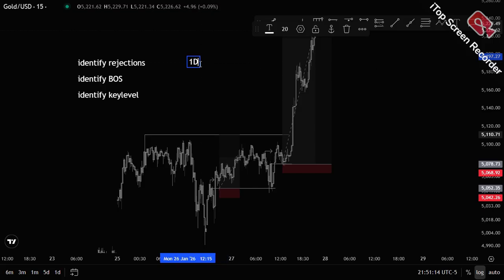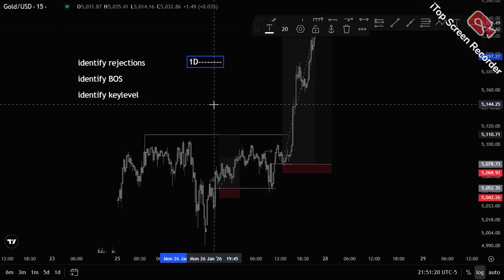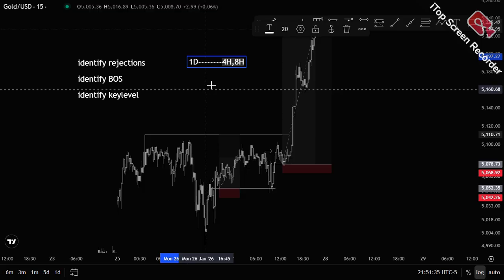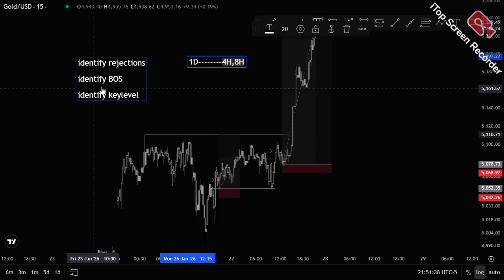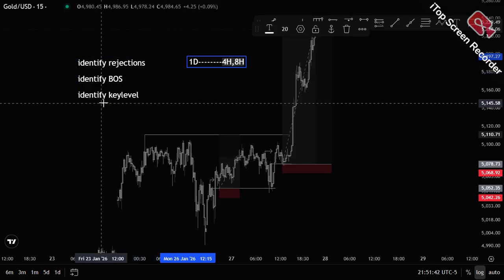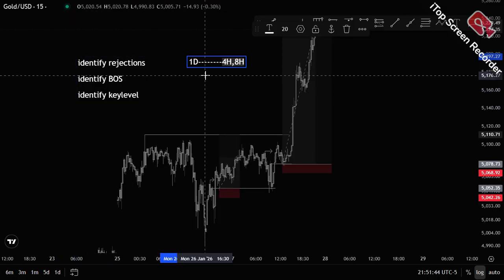Your entry will be on the 4 hours and or 8 hours. So your entry should either be this, not like your entry should be this, which is when you find your break of structure, right, and key level.